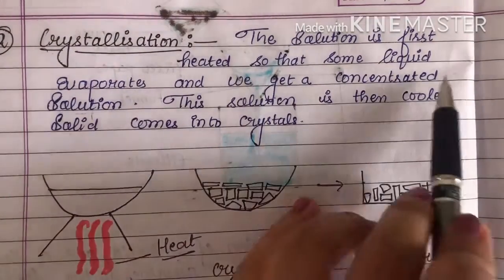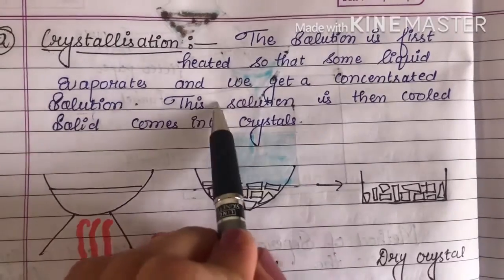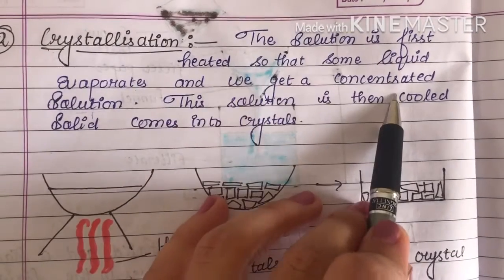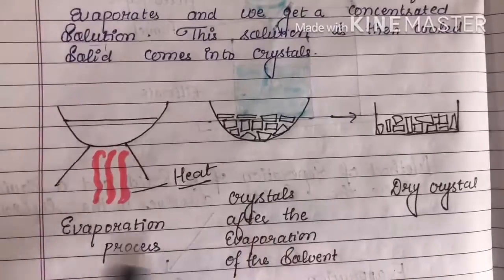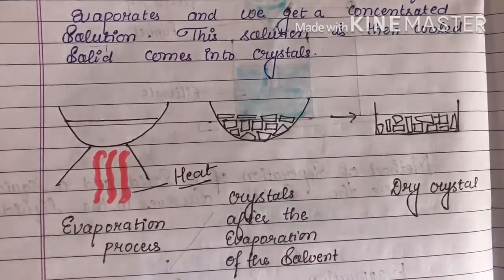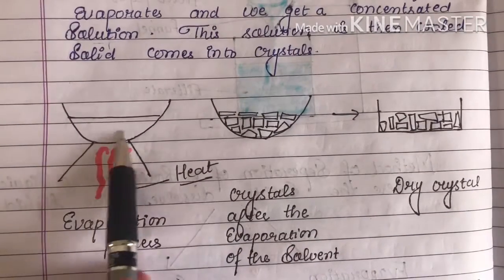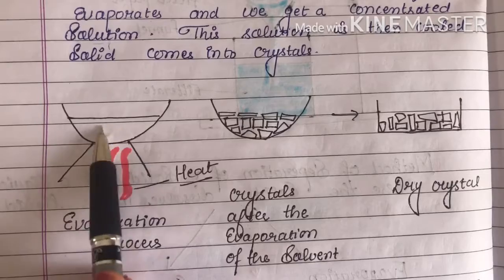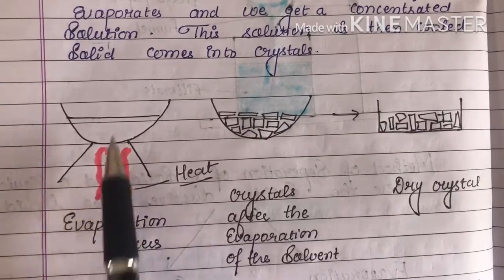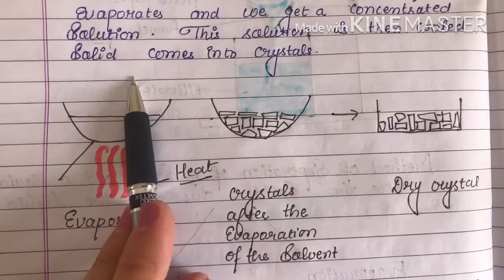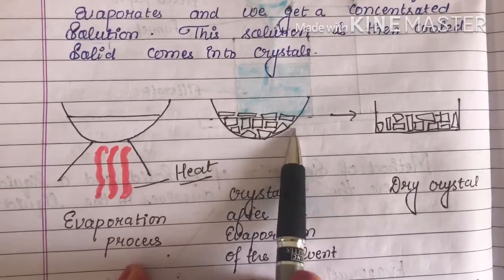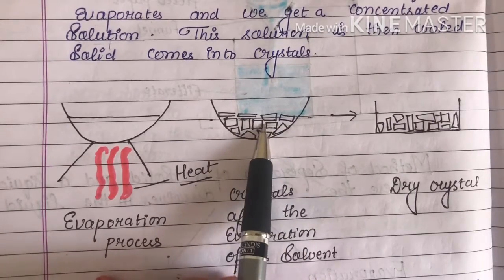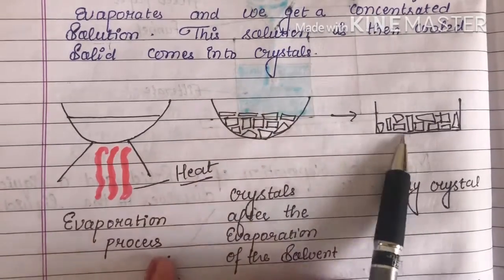This solution is then cooled, and the solid comes out as crystals. In this we heat the solution mixture, some of the liquid evaporates, and we get the concentrated form of the solution. While drying, it contains crystals.